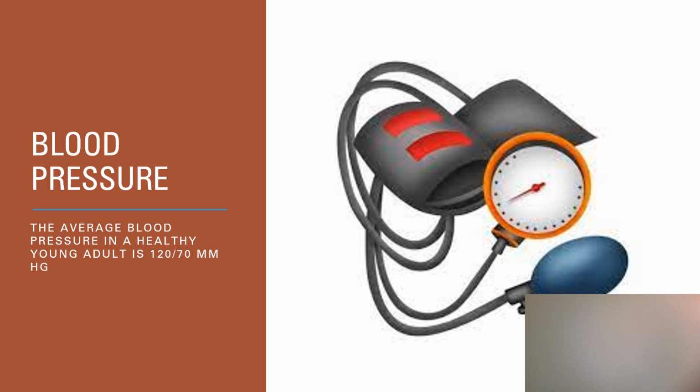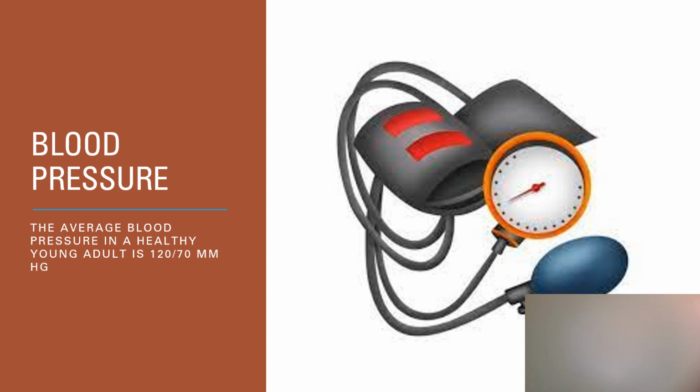Pre-hypertension, we have a systolic pressure between 120 and 139 millimeters of mercury and a diastolic pressure between 80 and 89 millimeters of mercury. If a client suffers prolonged hypertension, it can cause damage to the brain, the kidneys, the heart, and the retinas.